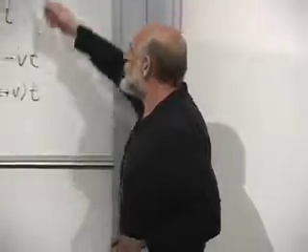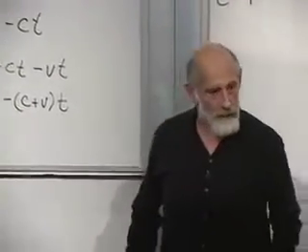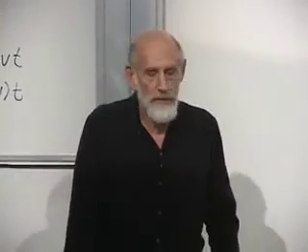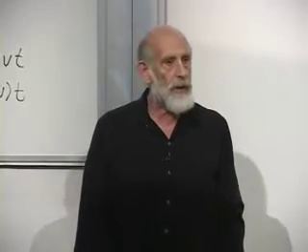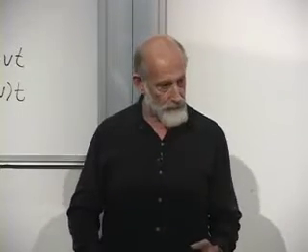If this were the right story, and if these were the right transformation laws for space and time, then it could not be the case that Maxwell's equations are laws of physics or laws of nature in the sense that they were true in every reference frame.